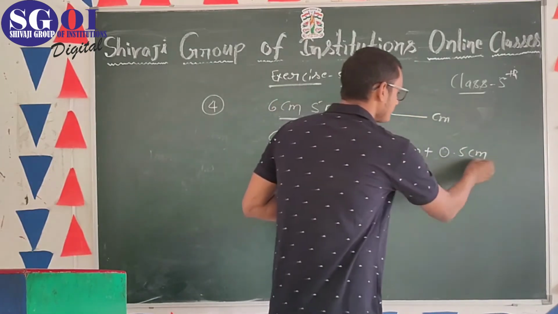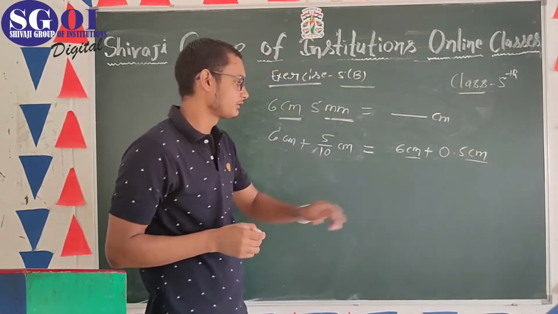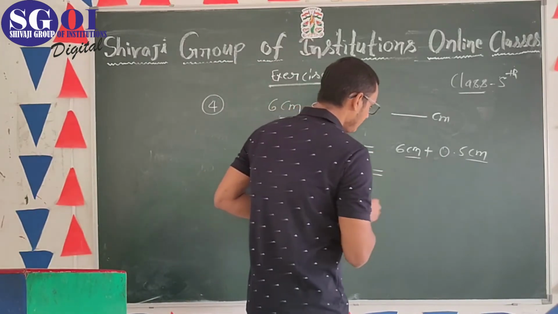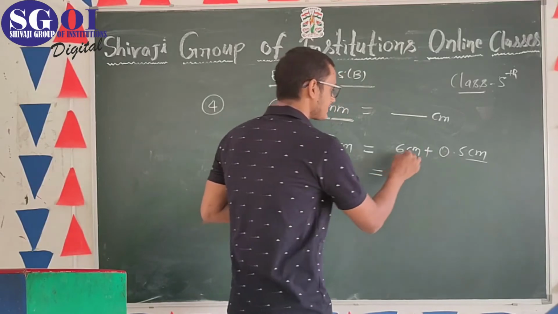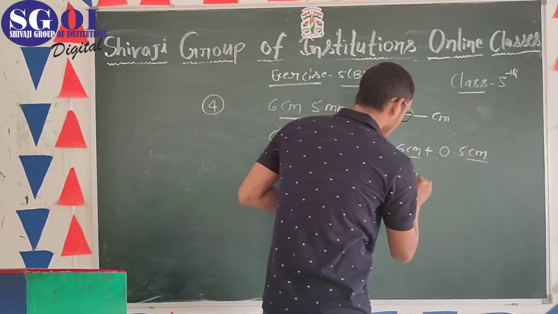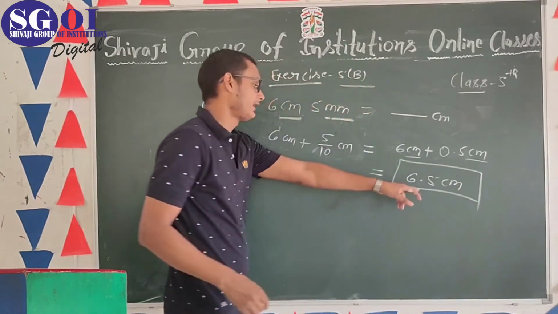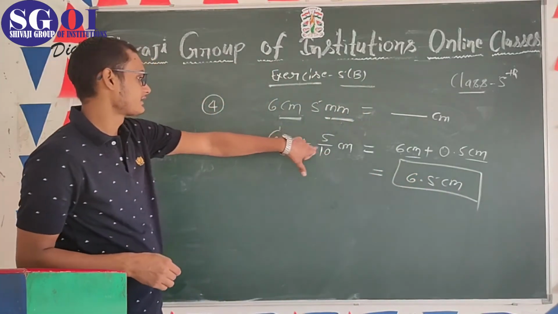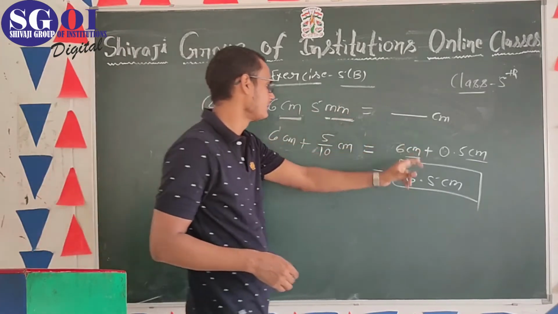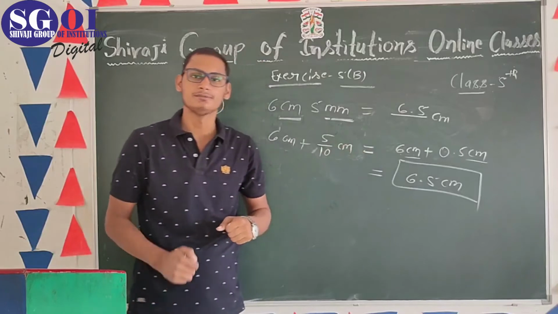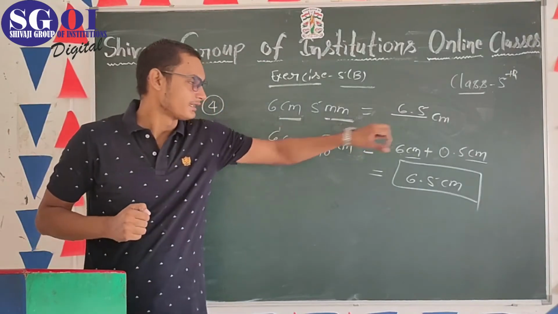Now the unit is the same, so we can add both. 6 plus 0.5 centimeter is equal to 6.5 centimeter. 6.5 centimeter is the right answer. 6 centimeter 5 millimeter is equal to 6.5 centimeter. Understood?